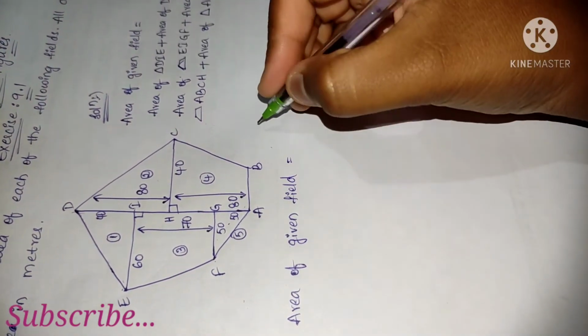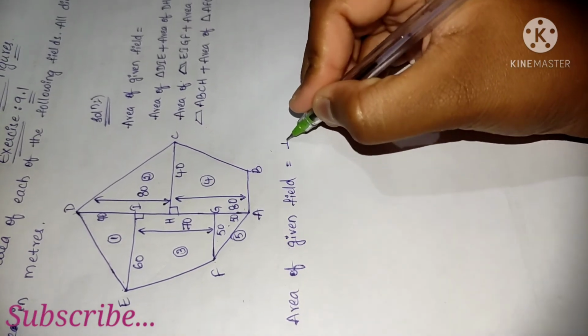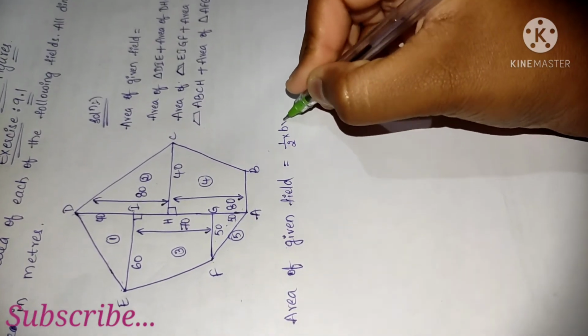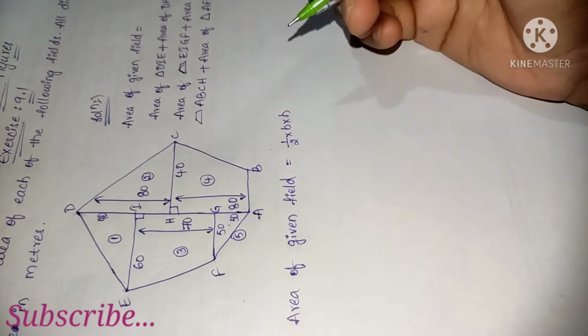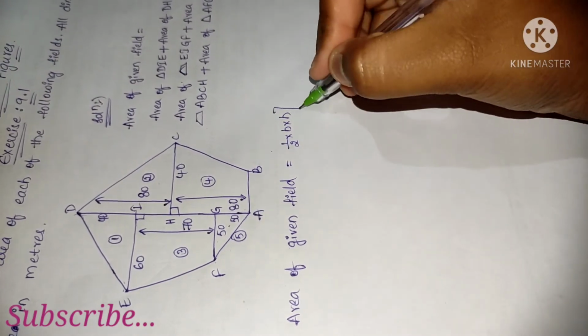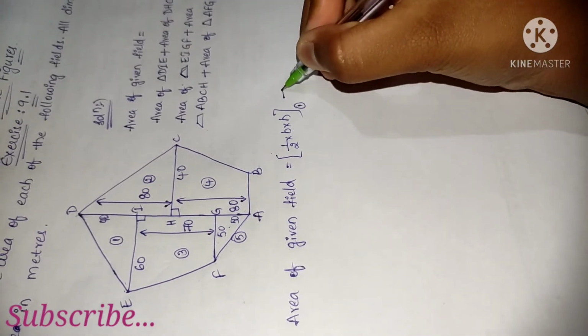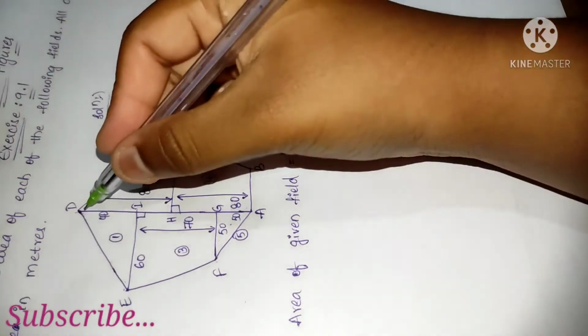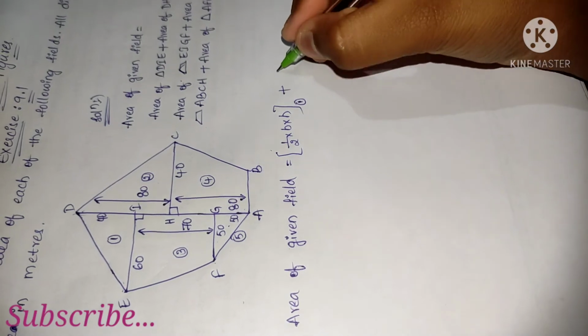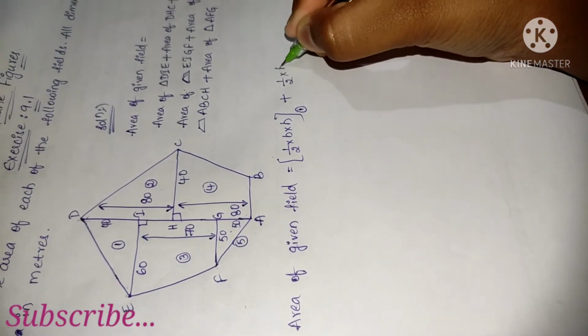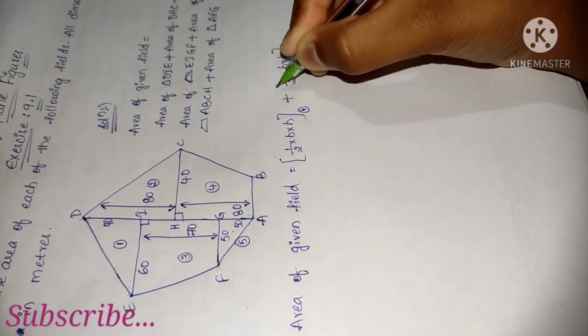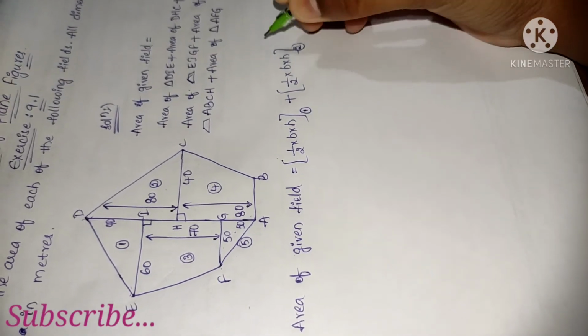The formula for area of triangle is half BH. Let's take it as half BH of 1. Why I am writing 1 here means it is related to shape 1. Plus again area of triangle, half BH of 2.